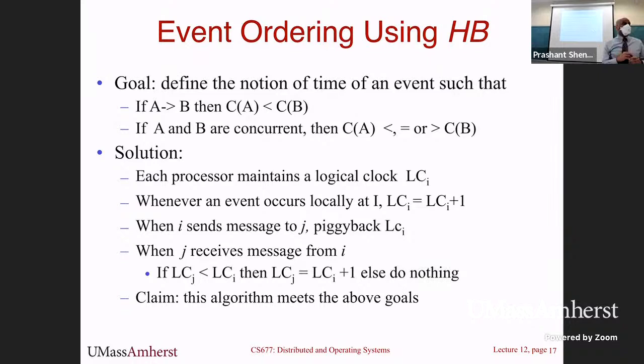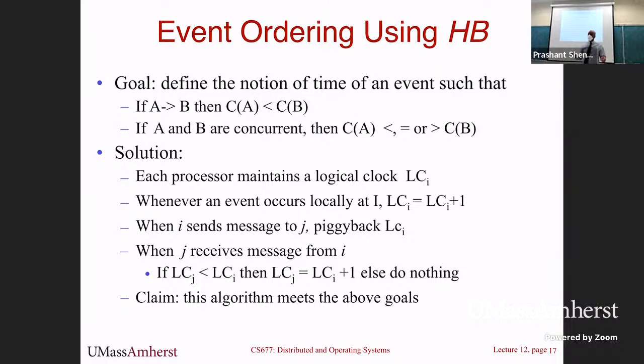We want the same property with logical clocks, except that Lamport's clock is only giving us half of the solution, which is if A happened before B, it's guaranteeing that the timestamp of A is less than the timestamp of B. But we want the implication to go in both directions. We also want that if the timestamp of A is less than the timestamp of B, we can say that A happened before B just by looking at the timestamps.